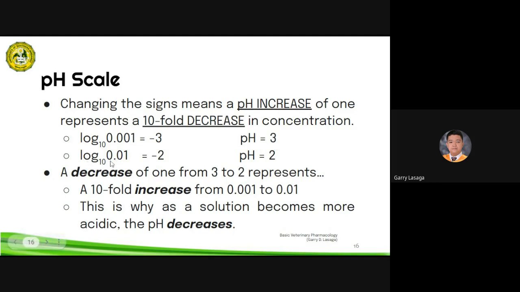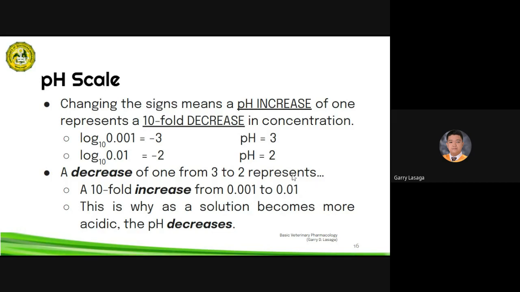The log base 10 of 0.01 is equal to negative 2. When we put that in a pH scale, that would be equal to 2. So when we decrease the pH by 1, from 3 to 2, it would also mean a tenfold increase in the concentration of our hydrogen ions, from 0.001 to 0.01.